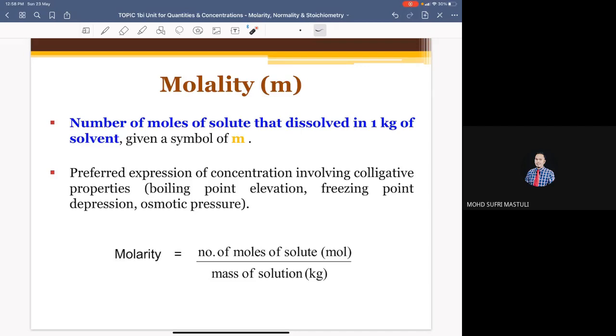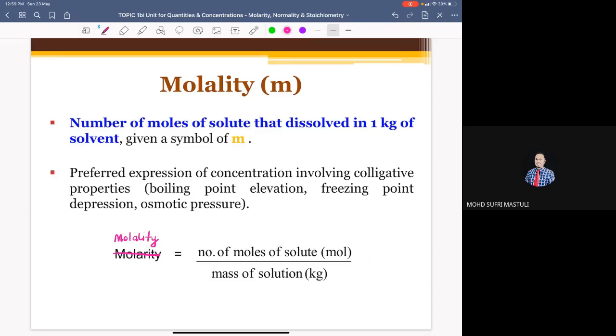So this is the formula to calculate the molality, mole per kilo mass of the solvent. So if you still remember, this is not molarity, this one is molality.